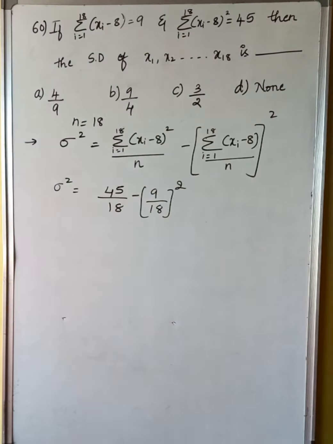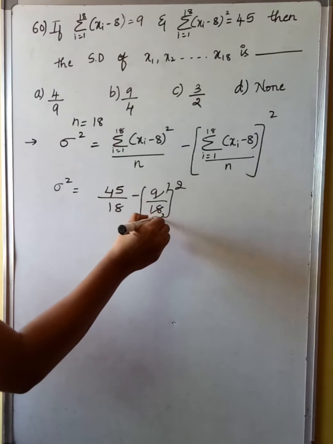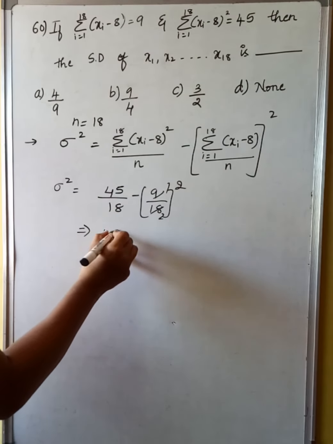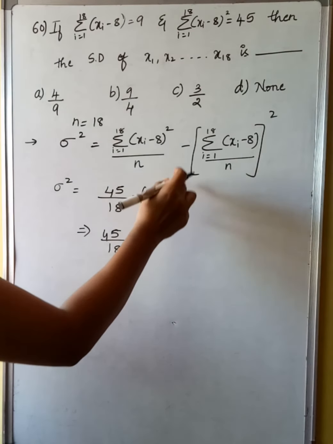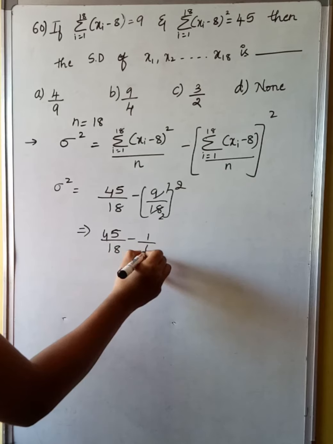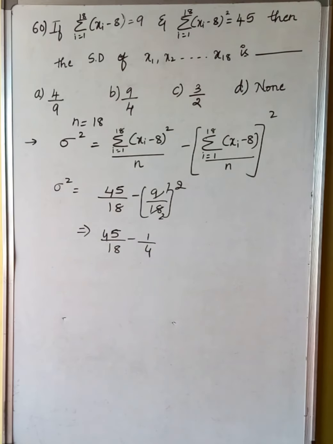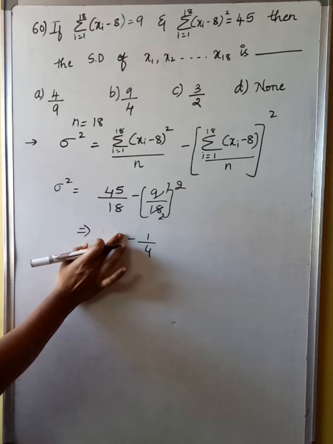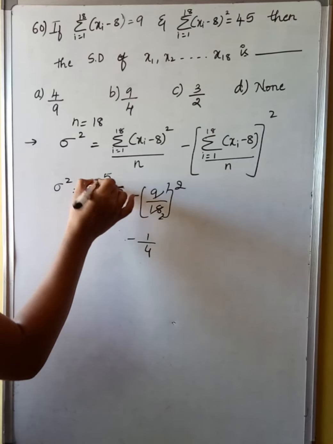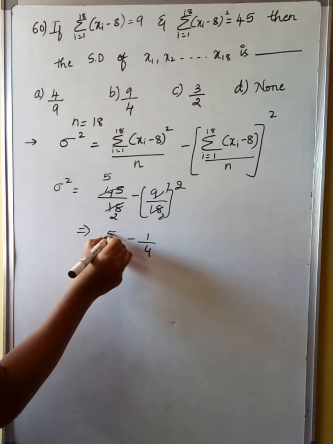Okay. Next, now I'll simplify this. 9 ones are 9, 9 twos are 18. So here I'll be getting 45 divided by 18 minus, as it is whole square, 1 by 4. Now rather than taking the LCM here, I can simplify this term first. 9 fives are 45, 9 twos are 18, so it will become 5 by 2.